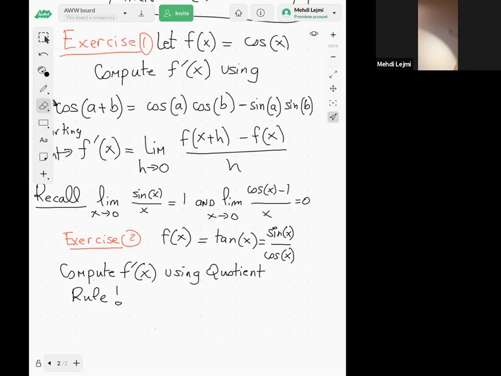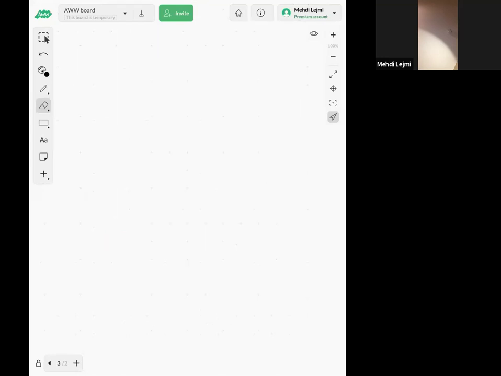Okay, so let me solve the first exercise, exercise 1. I'm going to move to the next page. Again, guys, in this section, what we are trying to do is to compute derivatives of trig functions.